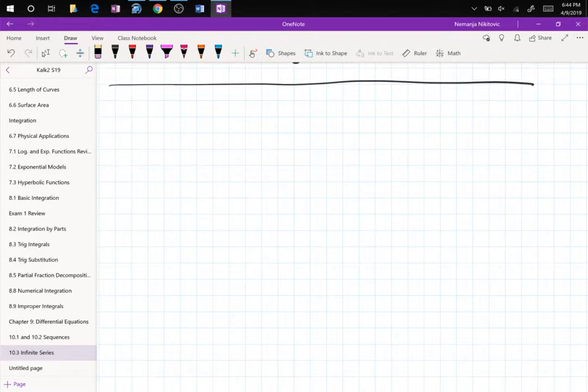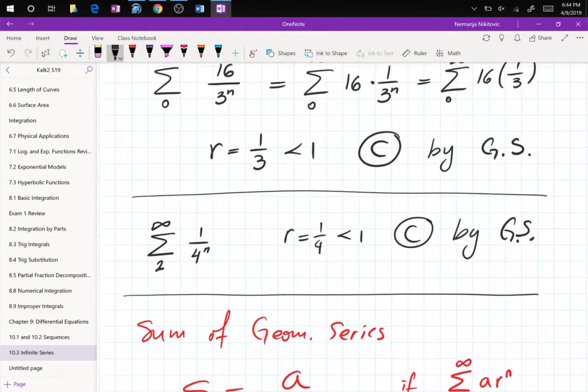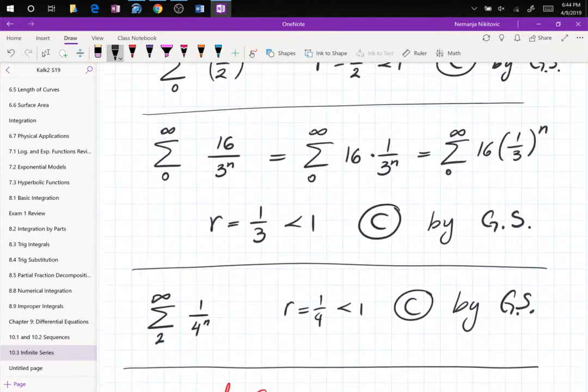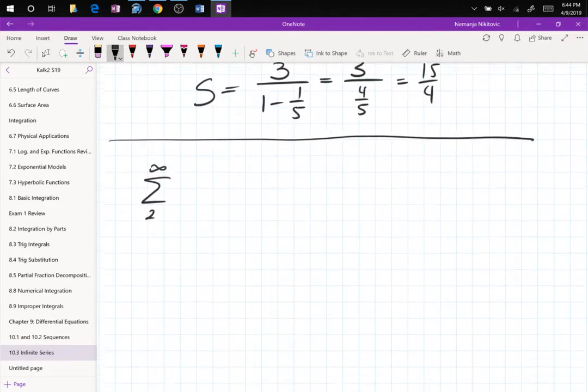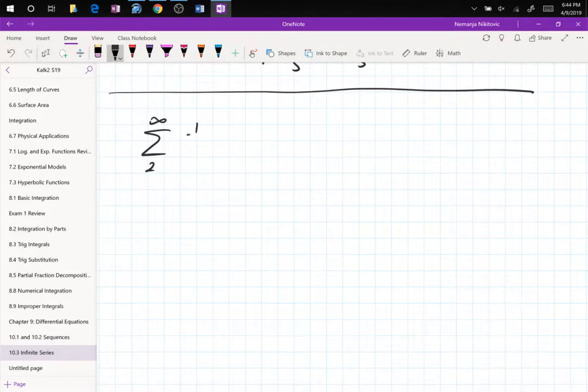The issue is the problem we had before. Summation from 2 to infinity of 1 over n to the fourth. It's definitely not cool to ask you what's A, because you're going to get it wrong, right?